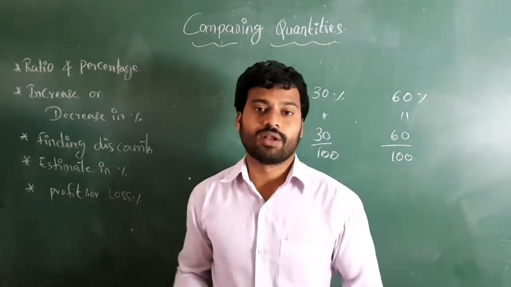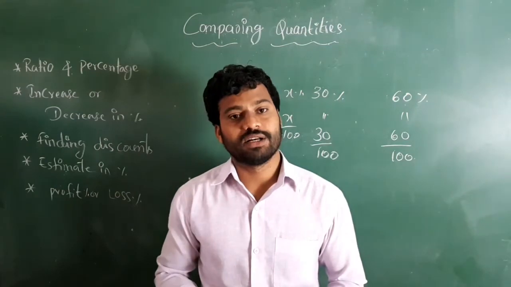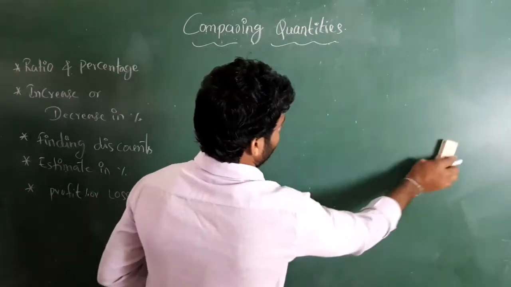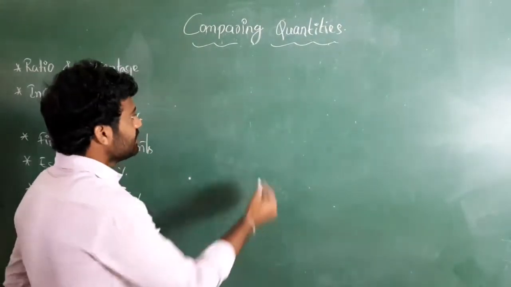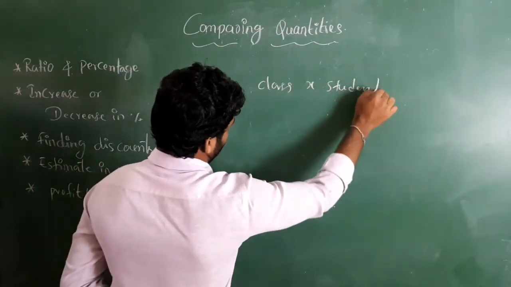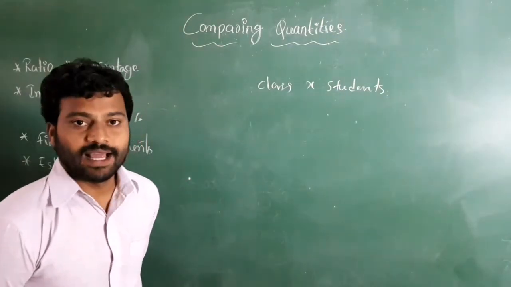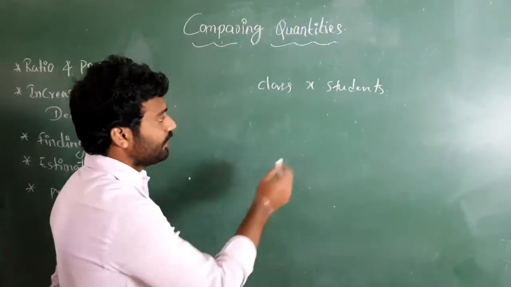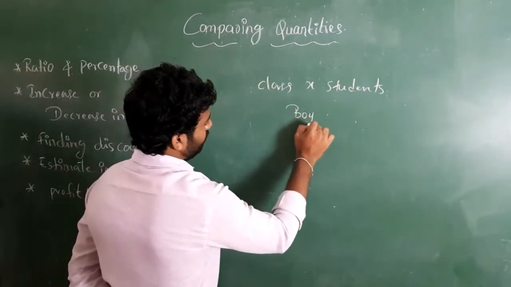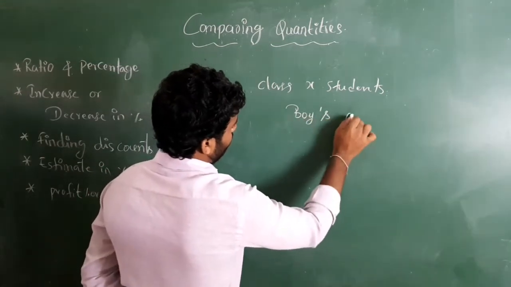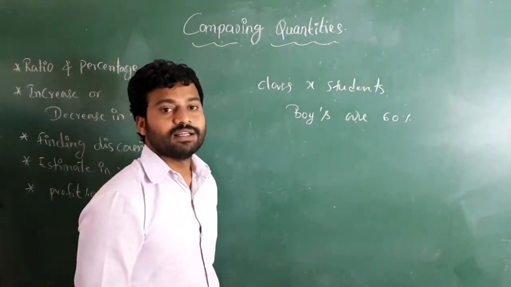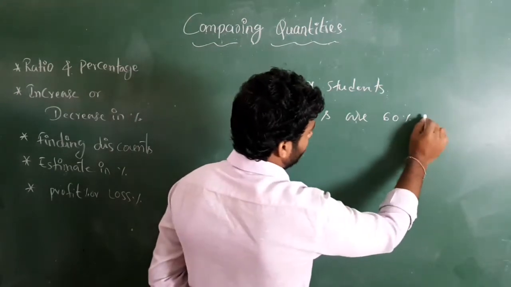So what problems are going to be asked in the percentage and ratio concept? See, suppose in the class x students are there. We don't know the total strength of the class. But they have given that boys are 60%.